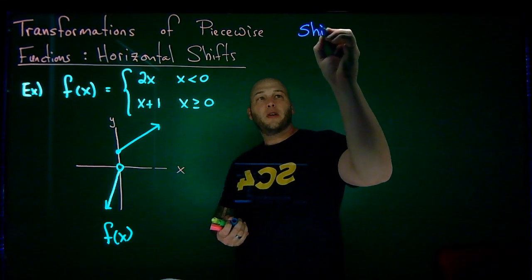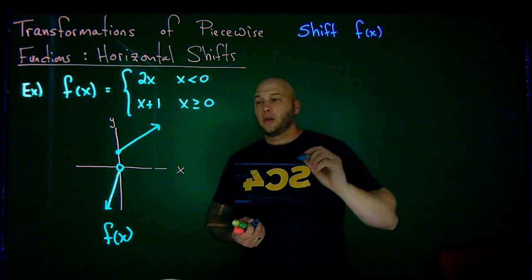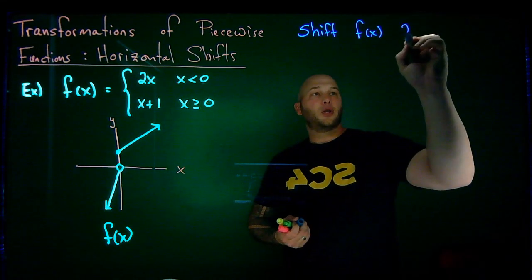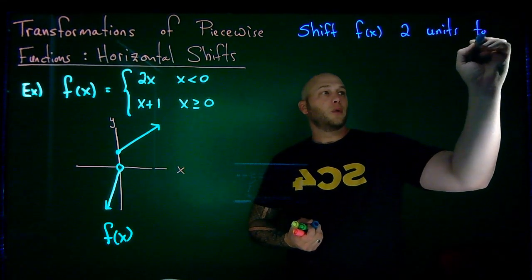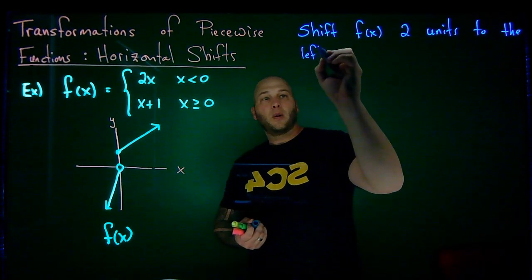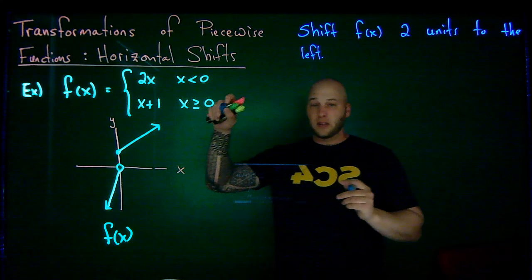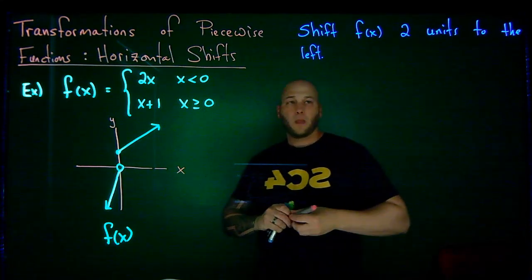Let's say we shift f of x 2 units to the left. What that means is I want to take the sketch of the graph and shift it.